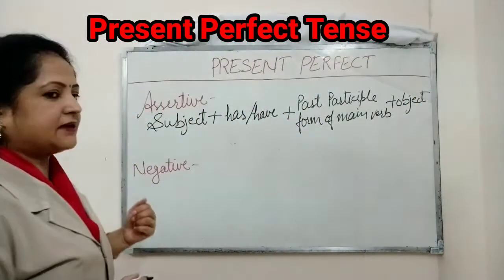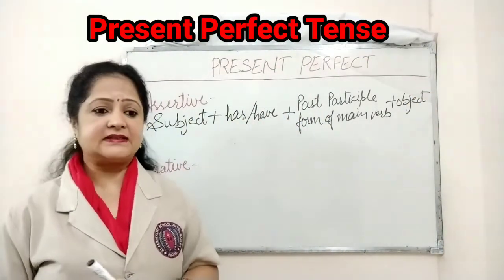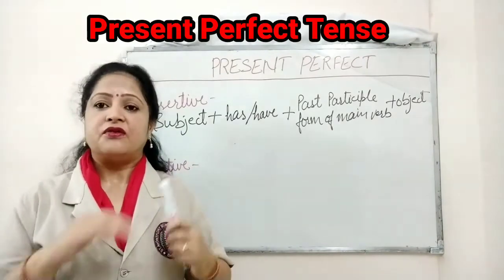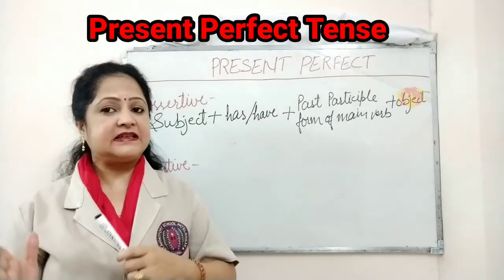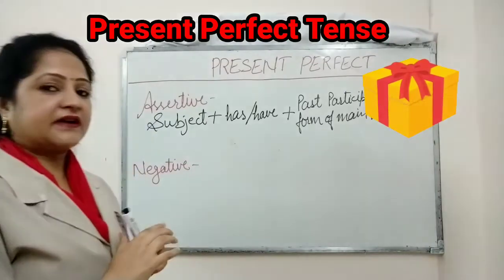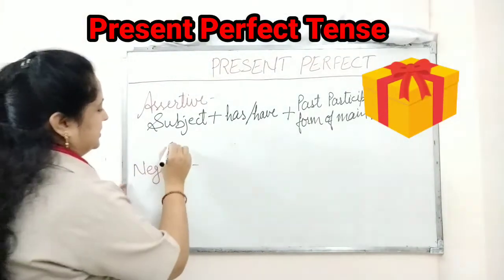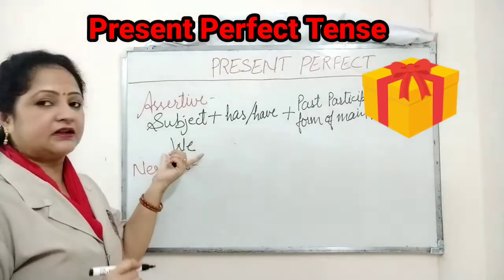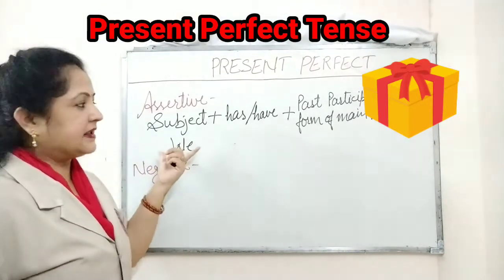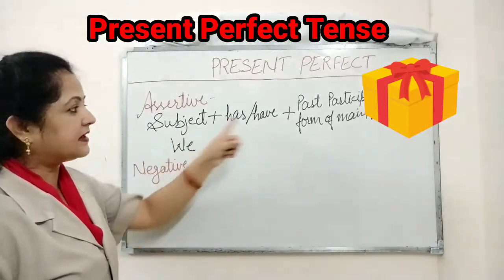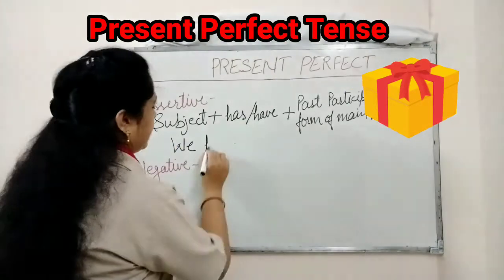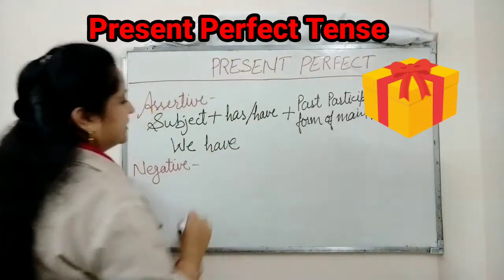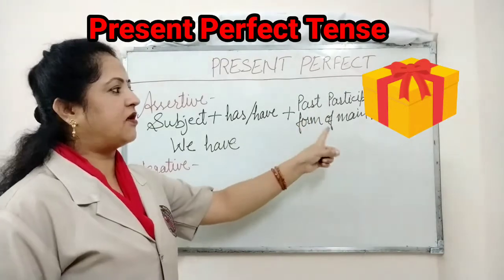Let's take one example here. The example is: we have received your gift. What is the subject here? We. As we is a plural pronoun, we write have. We have, then the past participle form of the main verb.